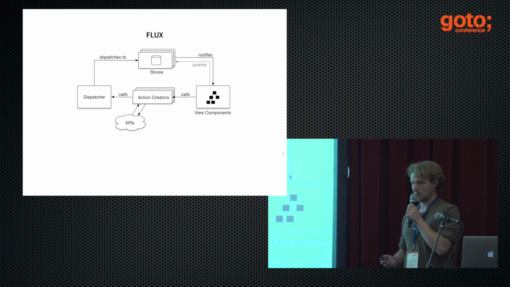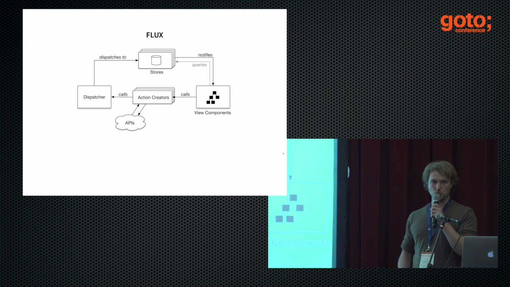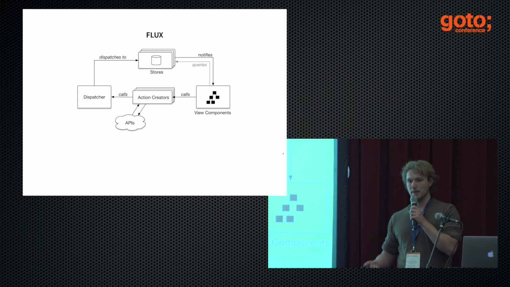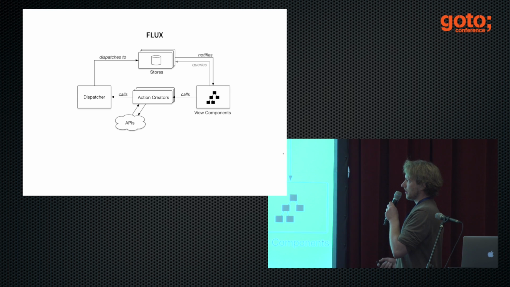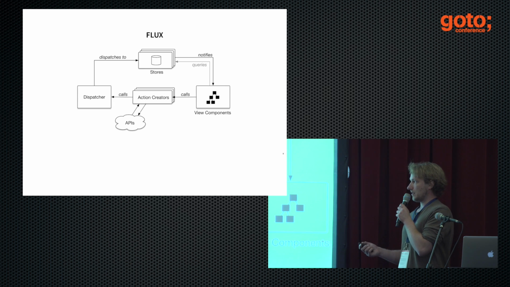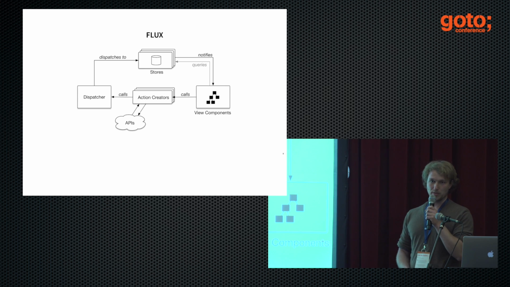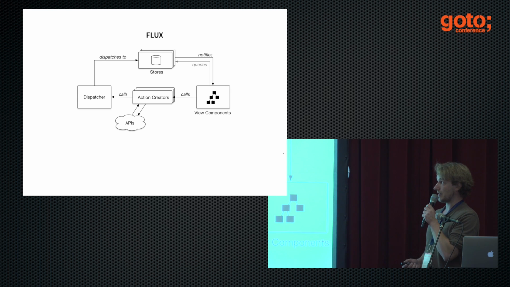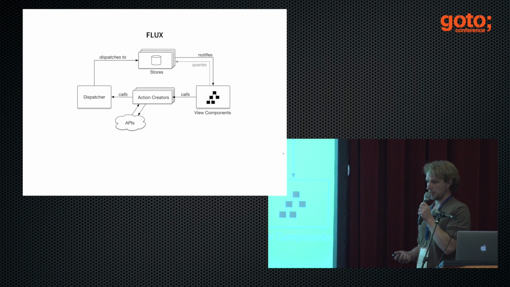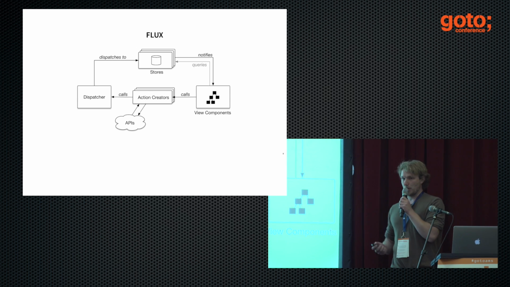It's not just a software that you can download, it's an architectural blueprint that you can employ in your application. So the state should be stored in components called stores, where each store is responsible for a slice of the state, and those should not be overlapping, so they should be distinct. And then you have the view.